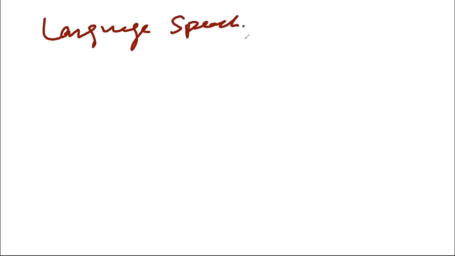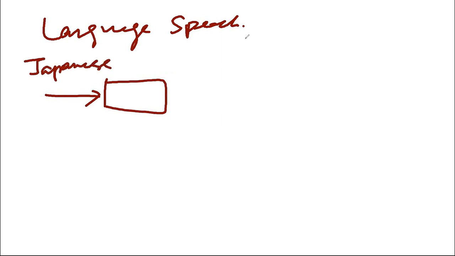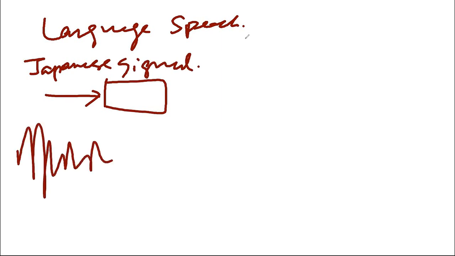Okay, so let's think about speech, right? Let's think about language and speech. Okay, so basically your spoken language, say let's consider that we have Japanese, right? Okay, so you have a signal processing section, right? Signal processing means that you have frequency domain stuff, whatever you talk about, right?